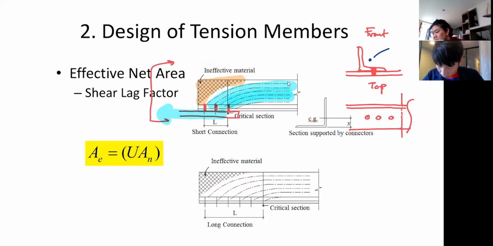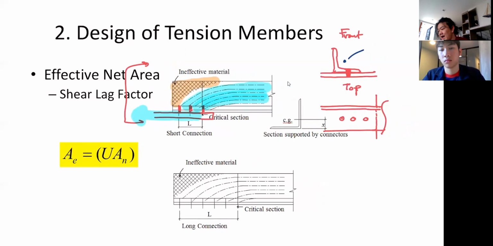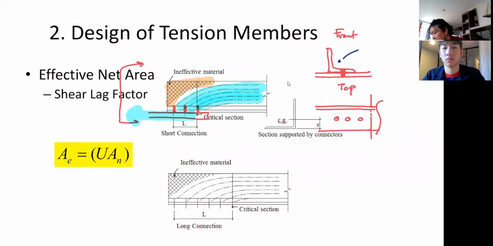So when you see this, this is the critical section, because when the rupture is going to occur, it is always going to occur at the first bolt hole. You know why? Because when you look at the free body diagram, let's say this is your force, tension, T maybe.